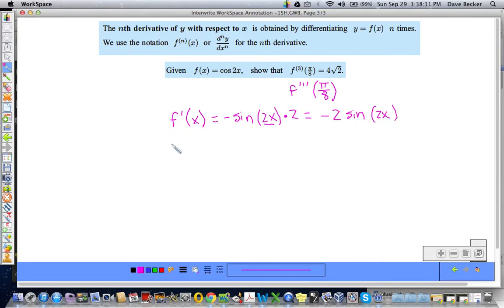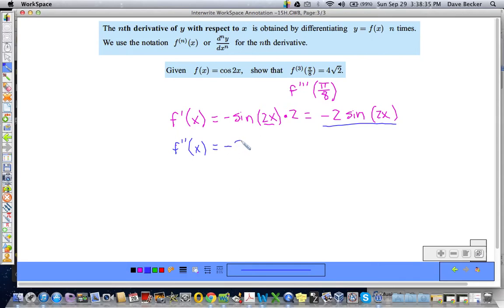Okay, so what's the second derivative? To find the second derivative, I take the derivative of the first derivative. Again, we have the chain rule. The outside function is sine, and the derivative of sine is cosine. So the coefficient comes along for the ride.